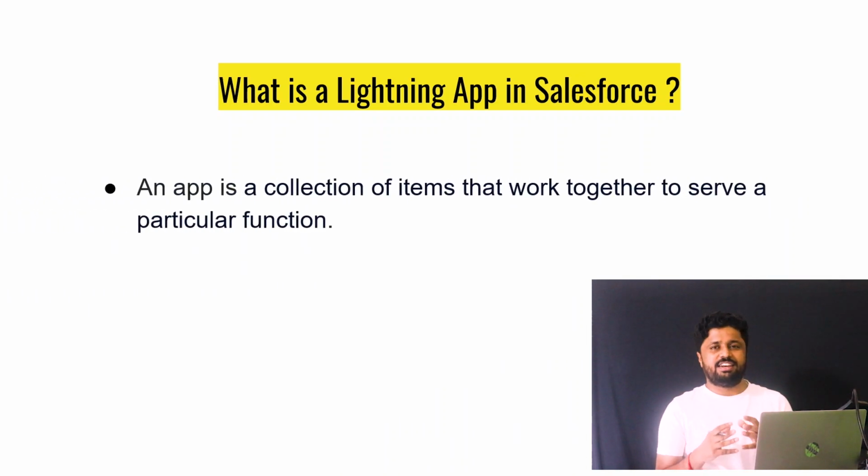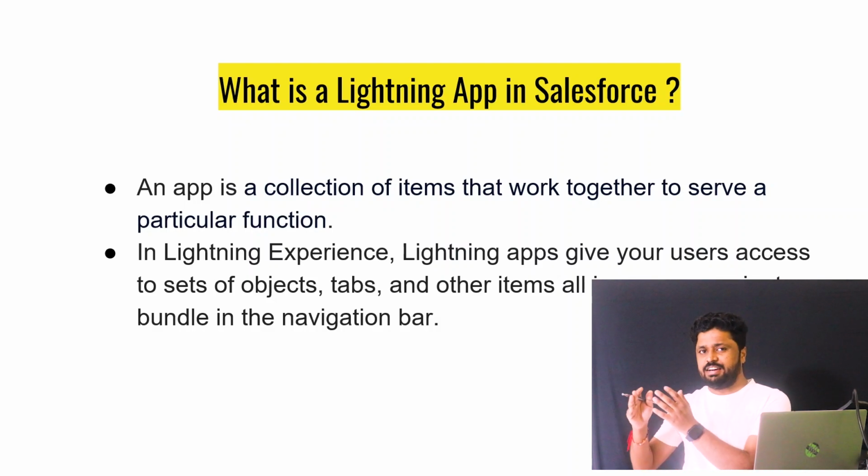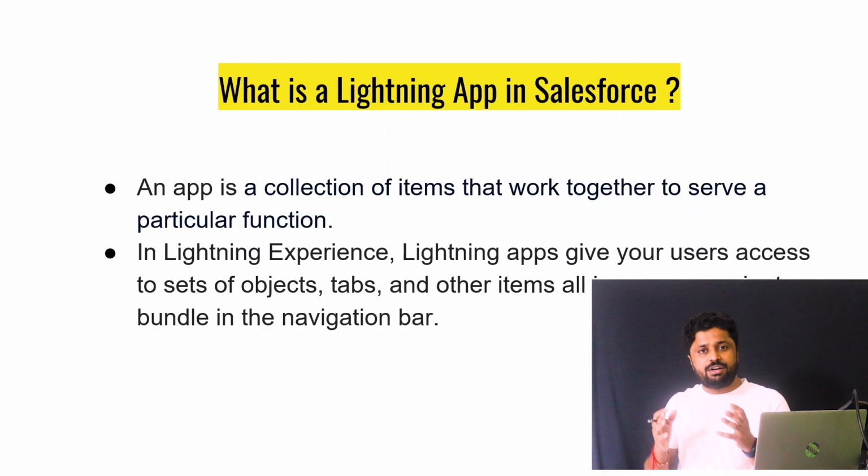We can say, as a basic definition, an app is a collection of items that work together to serve a particular functionality or business purpose. And what does an app contain? It contains a set of objects, a set of tabs, and other items that together function for a particular purpose.